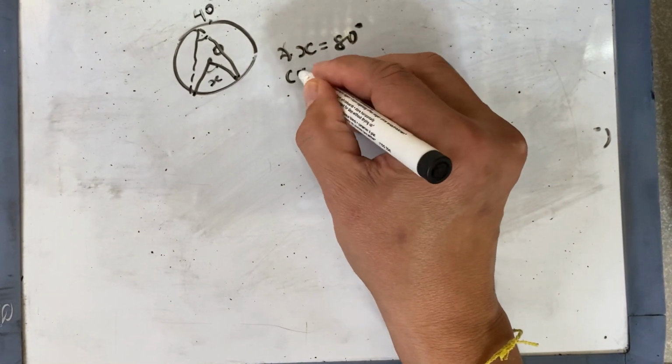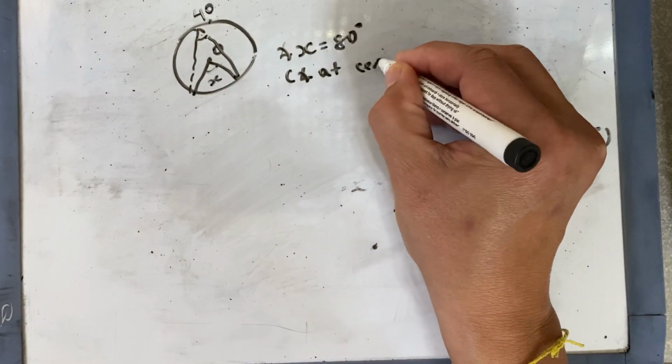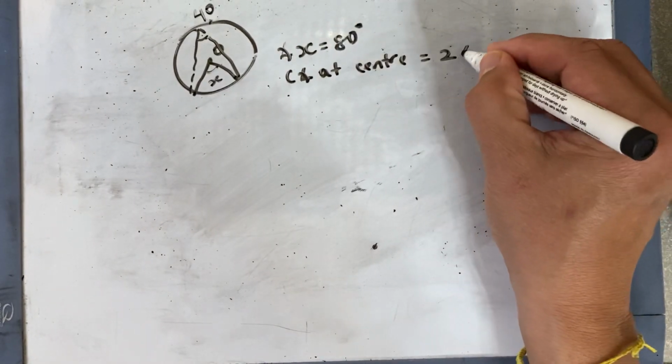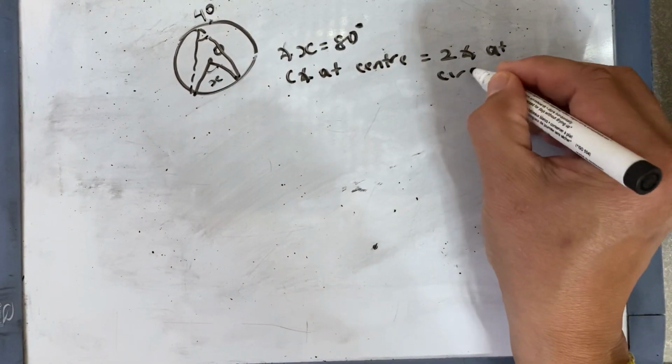The reason is that the angle at the center is equal to twice the angle at the circumference of the circle.